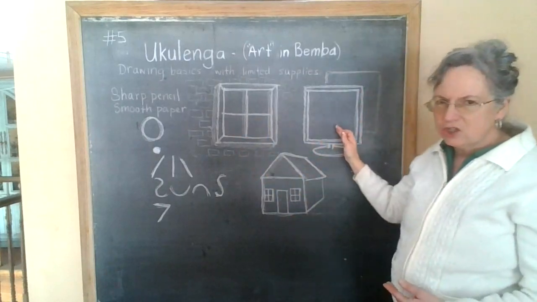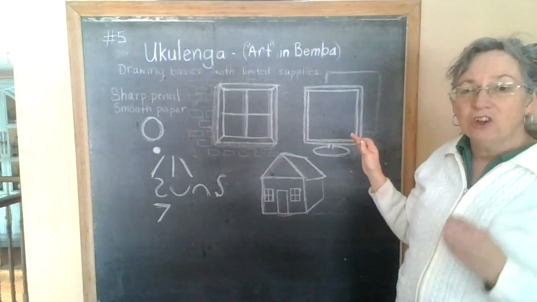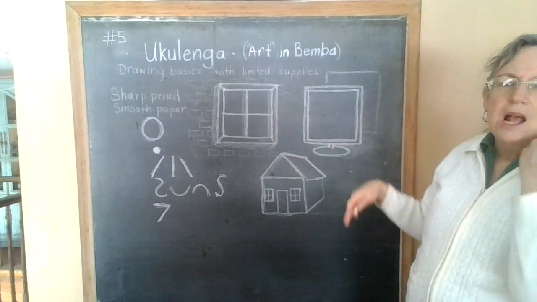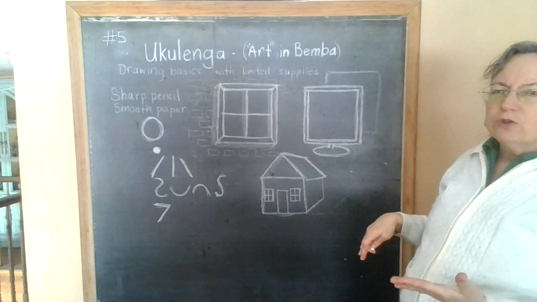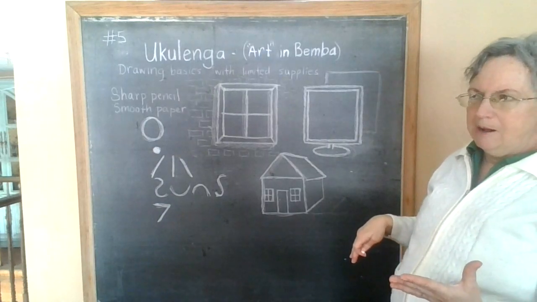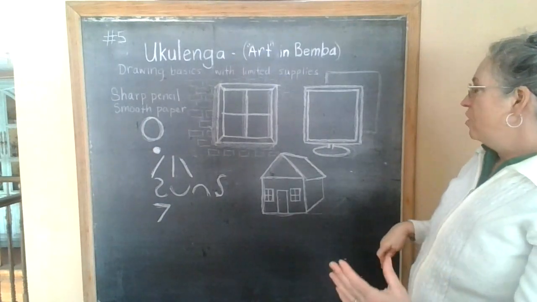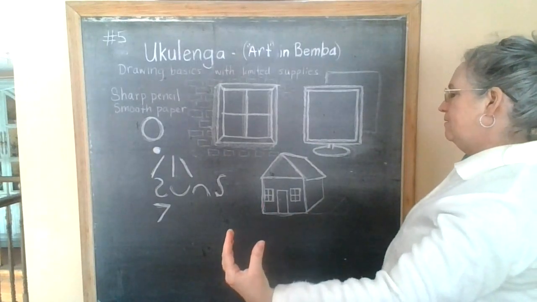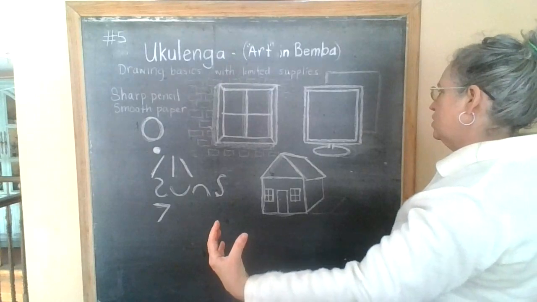Now let's look at this TV screen, or the computer screen. We're going to have our light source from a different direction. Our light source is going to come in front of the screen from the left.